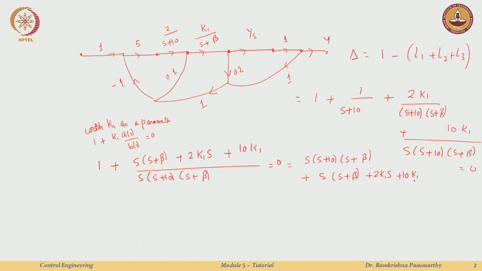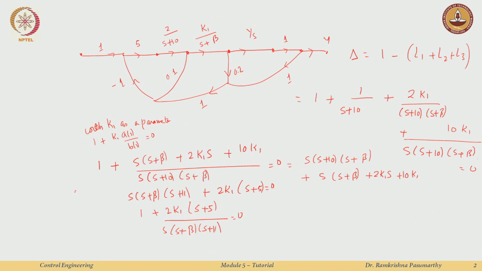So, this will further simplify into s plus beta s plus 11 plus twice k 1 s plus 5 equal to 0, which I could also equivalently write as 1 plus twice k 1 s plus 5 over s plus beta s plus 11 equal to 0.